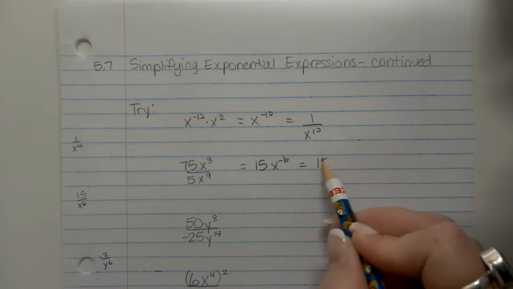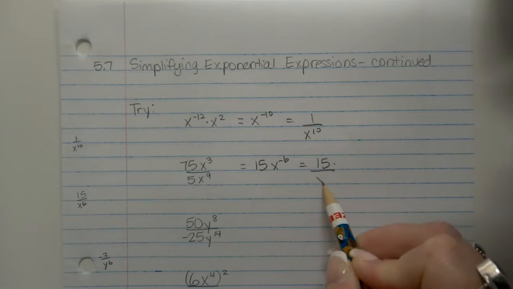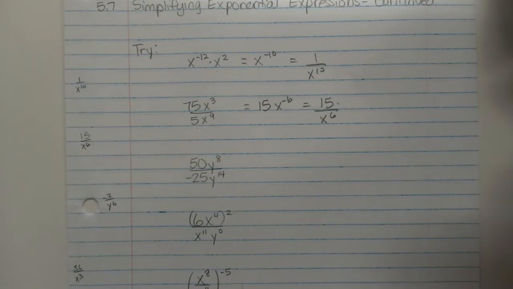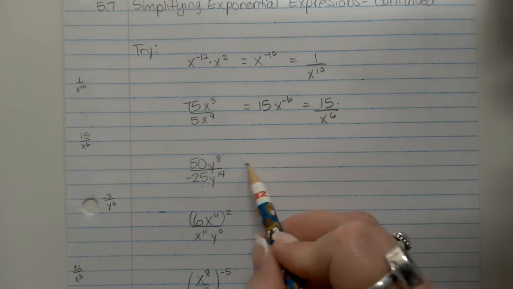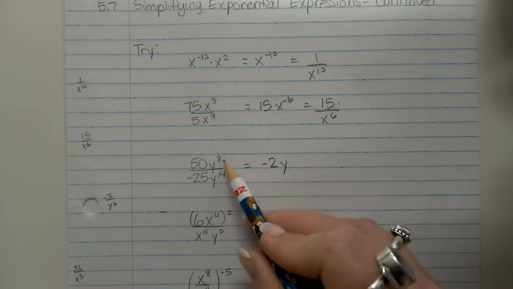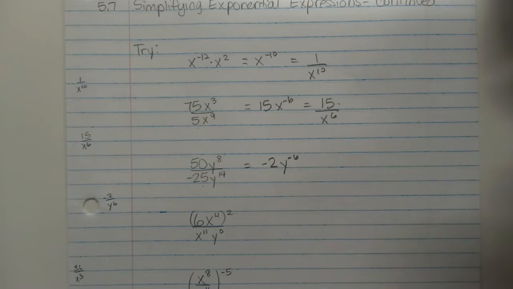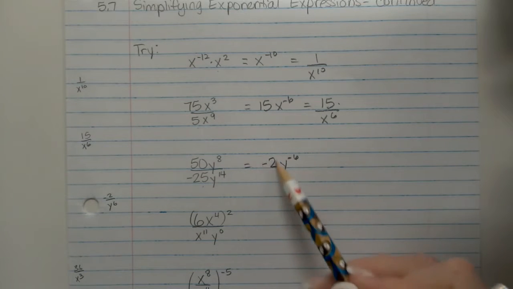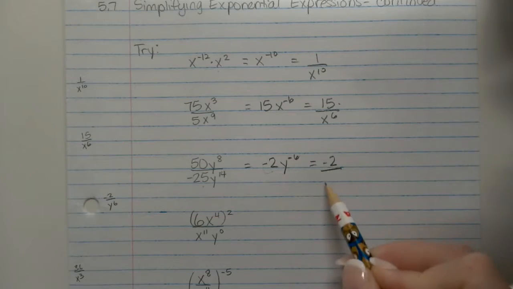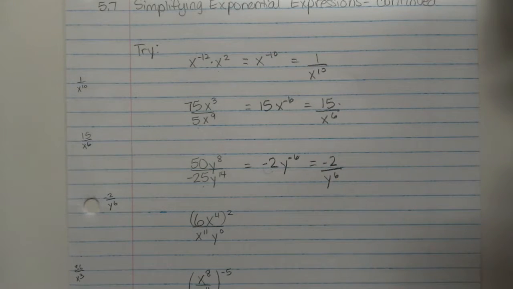We can't have negative exponents in our answer, so we'll put it in the denominator or where it's not. 50 divided by negative 25 is negative 2. Y to the 8 minus 14 is y to the negative 6. This negative 2 is not part of this exponent, so it just stays where it is, and the y to the 6 has to move.